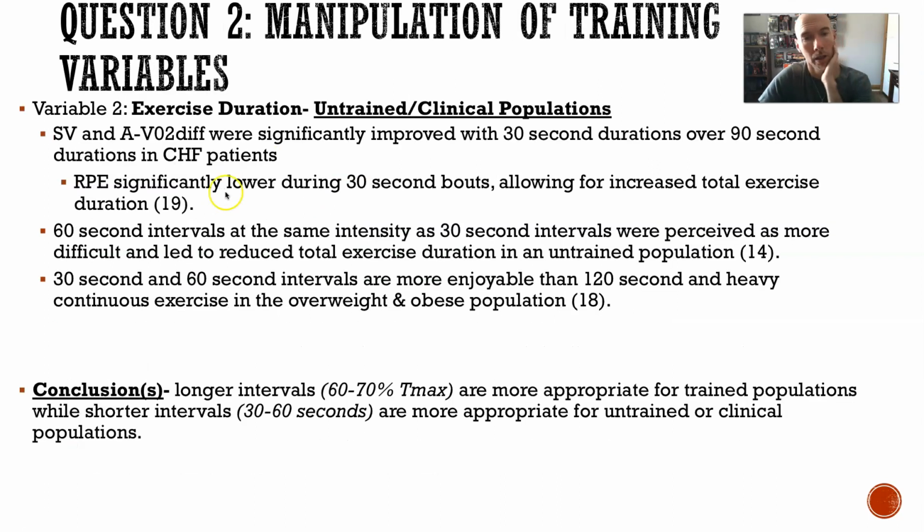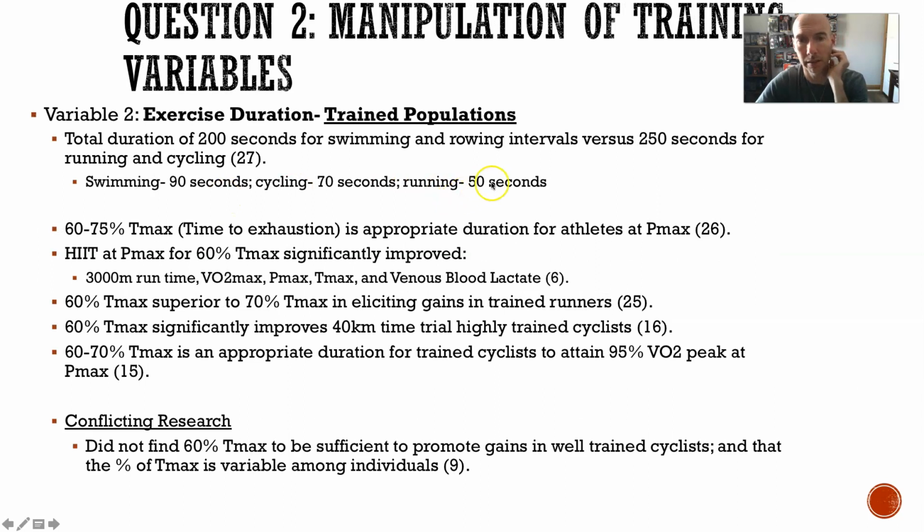Okay. So for all-out running, 50 seconds is effective. Now that's kind of a long time to run as fast as you can. For cycling, 70 seconds was found to be effective. Again, cycling for 1 minute and 10 seconds all out sounds pretty hard. And then swimming, 90 seconds, right?